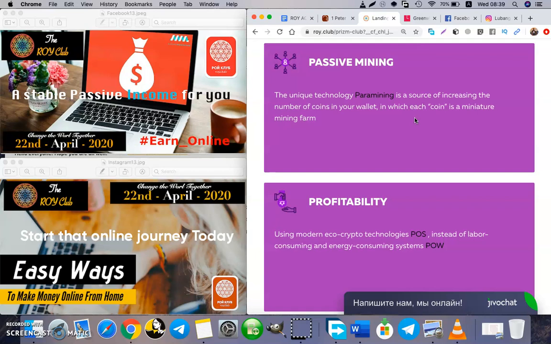at a particular percentage or speed. So it generates new coins, okay, and that enables your balance to keep growing and growing. So the more coins you have in your wallet, the more the growth.